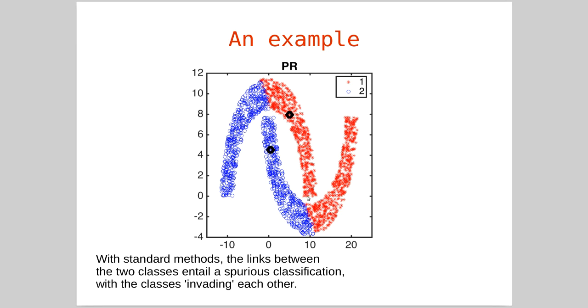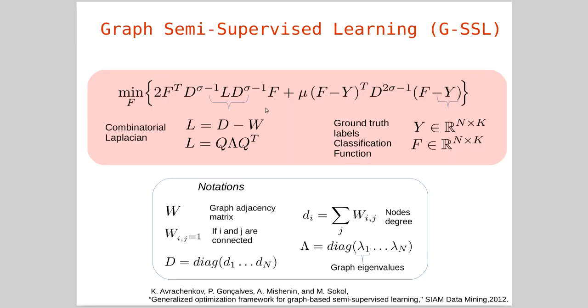Because here you have some links, and also in the middle you have some links, and those links are the spurious ones that made these classes be invaded. So we would like to fix that, and more specifically, what does this semi-supervised learning method do?